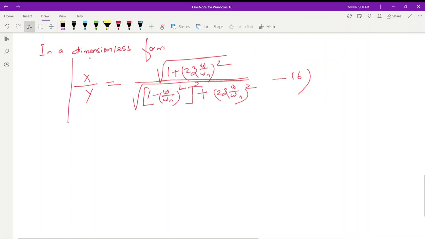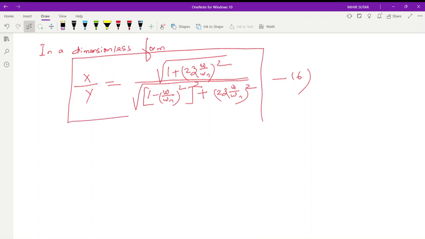In a dimensionless form, the ratio of amplitude of vibration of the mass to the amplitude of vibration of the base is this equation 6.